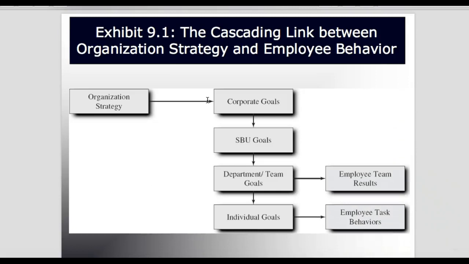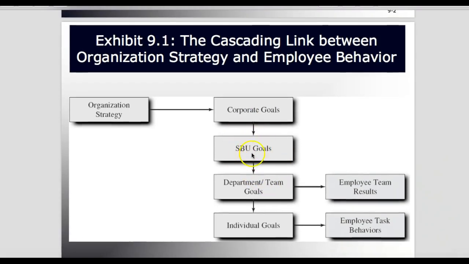Now, here's something important in terms of the theory, and that is organizational strategy drives corporate goals. Corporate goals drive strategic business unit goals. The strategic business unit goals are met by the department or team goals, and the team goals are directly related to employee team results, and individual goals are related to employee task behavior.